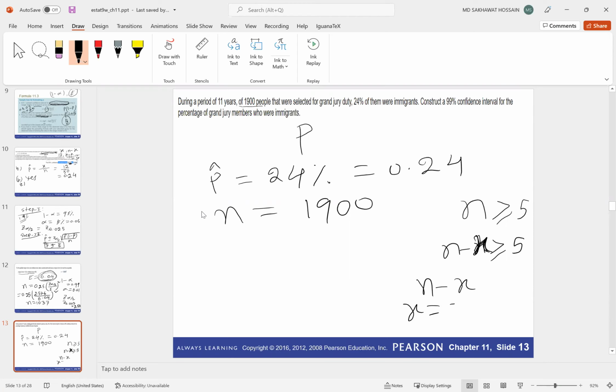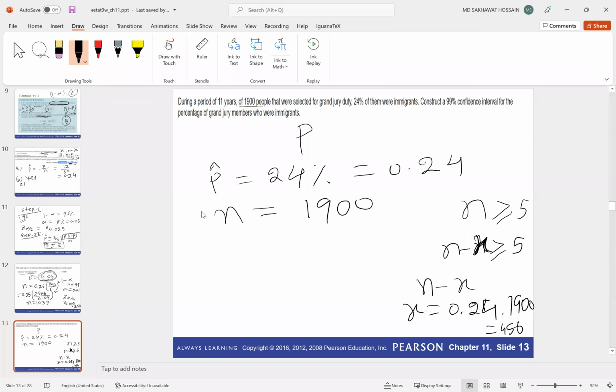x is actually the percentage of immigrants times the total number of people. So that's 0.24 times 1900 for the x value. 0.24 times 1900 is 456. So x is 456.